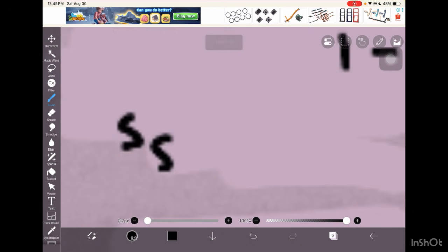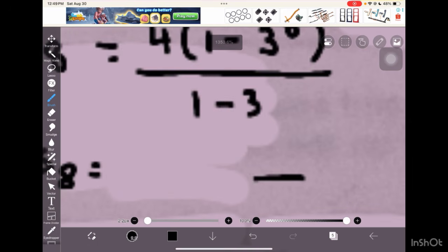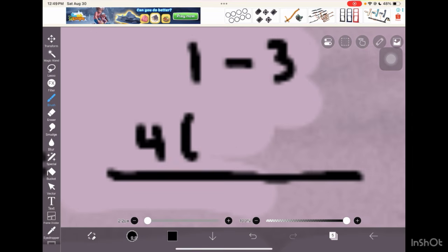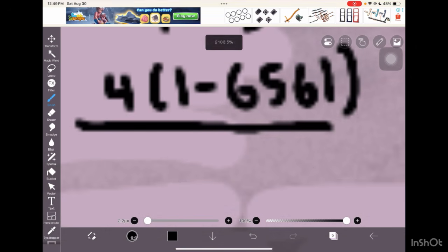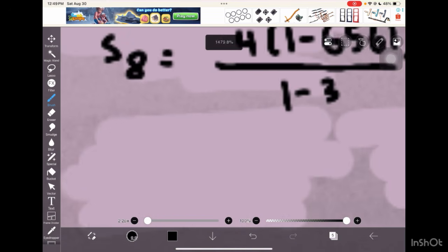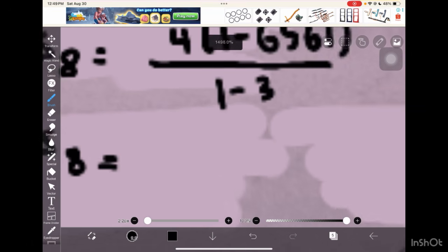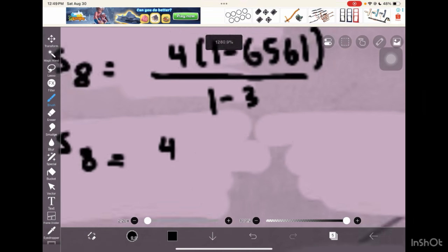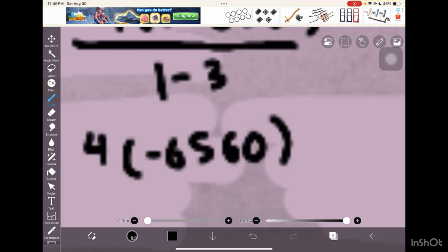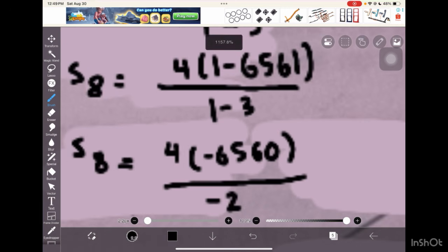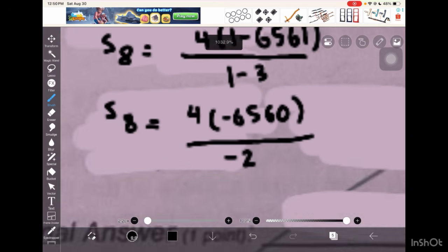So S of 8 is equal to 4 times (1 minus 6561) over (1 minus 3). Simplify further. S of 8 is equal to 4 times negative 6560 over negative 2. Because 1 minus 6561 is negative 6560.